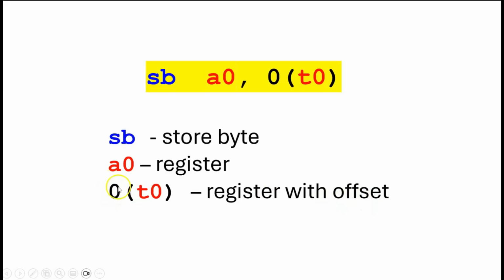The offset here is 0. So this instruction will store the byte in register A0, which happens to be the 7-segment pattern, into the memory address pointed to by T0 with the offset.